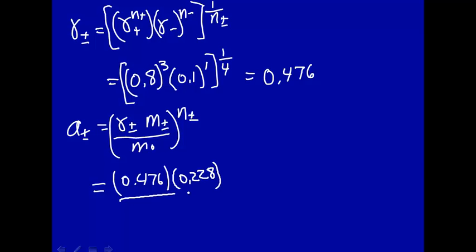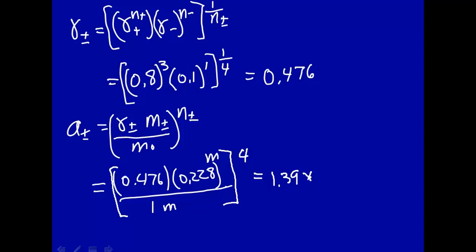Our standard state concentration is 1 molal. These are molal. Activity coefficients don't have units. And this whole thing is raised to the 4th power. So the activity is 1.39 times 10 to the minus 4th.